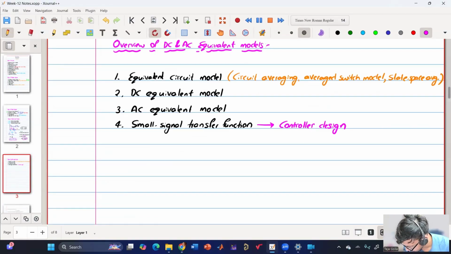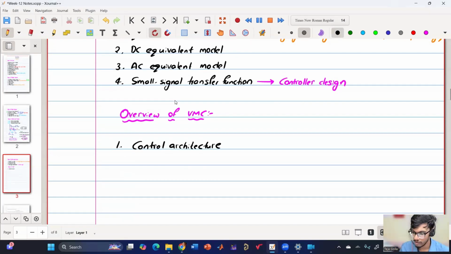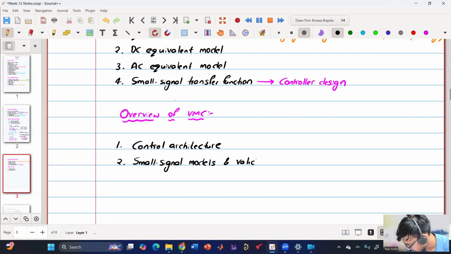So overview of controller design, overview of voltage mode control. What we have done is we have learned about the control architecture, how we are getting the gate pulses in voltage mode control, and then once we understood the architecture, we obtained the small signal models and validation, which is very, very important.